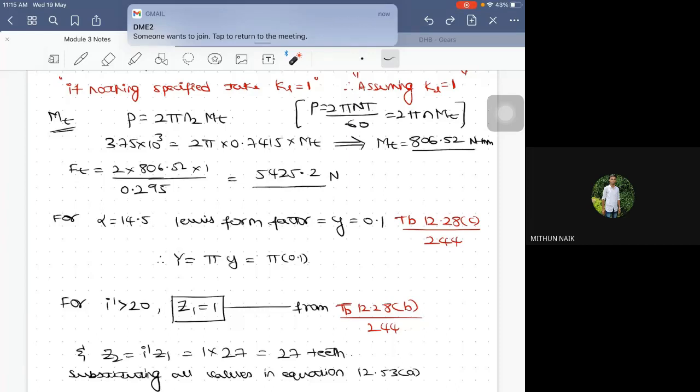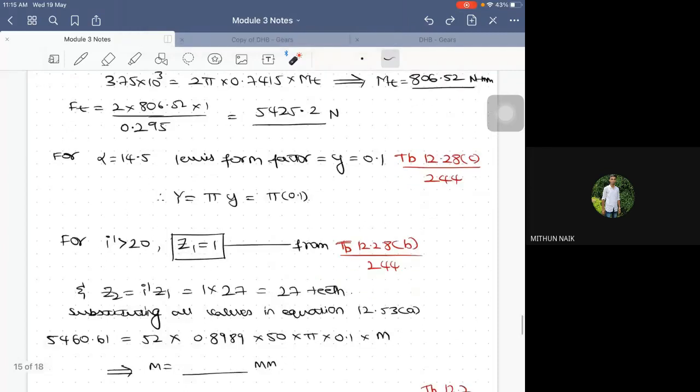Okay. Now, 27. So just substitute all the values in equation number 12.53a. Substitute all the values and give me the value of module.